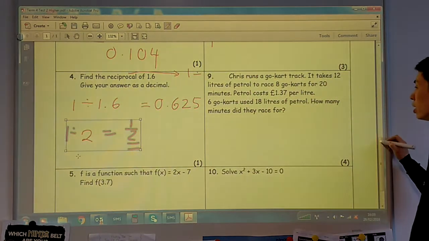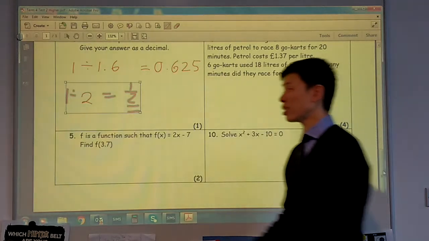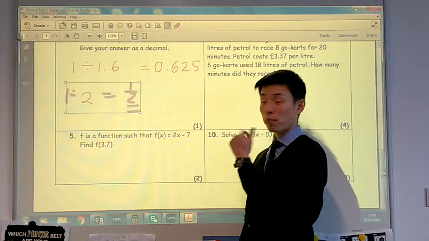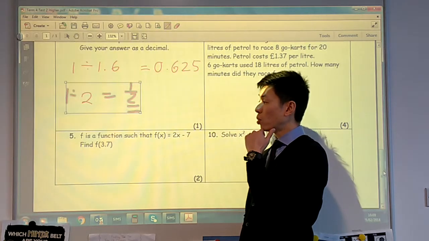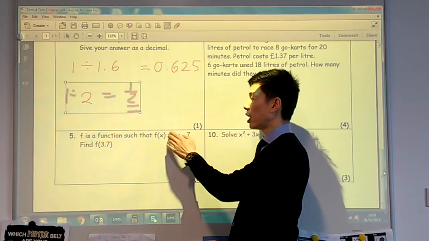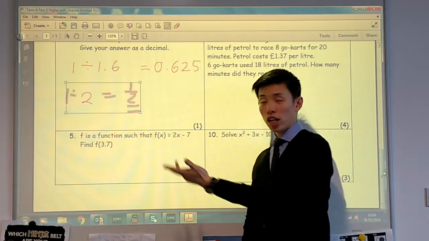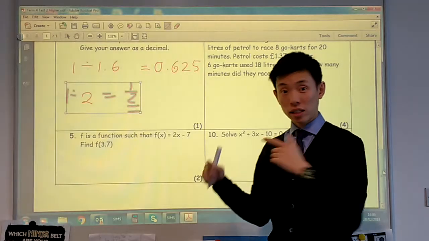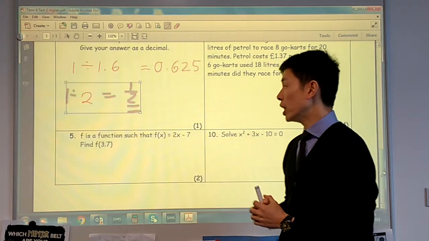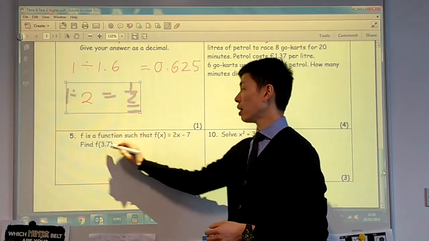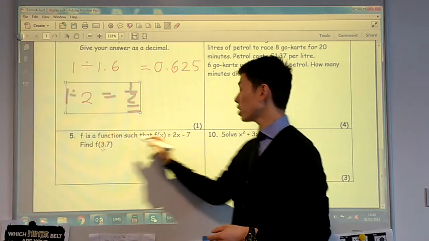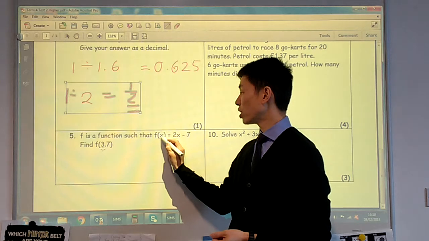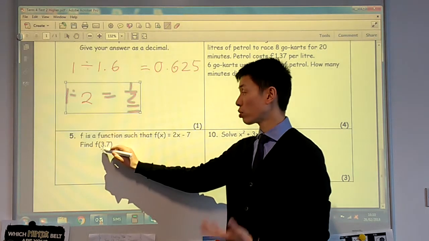Function. This is quite a fair-sized topic. In a few weeks' time, the function might change to an inverse perhaps, but this is quite a basic version. The function is 2x minus 7, and the x inside the bracket we now know is 3.7.